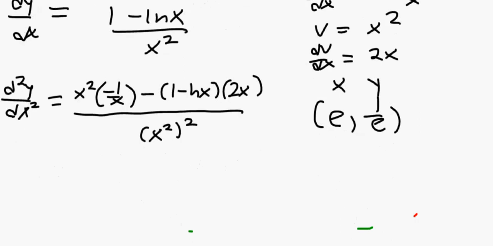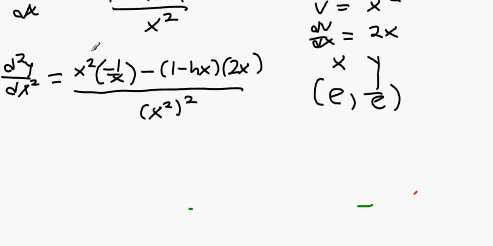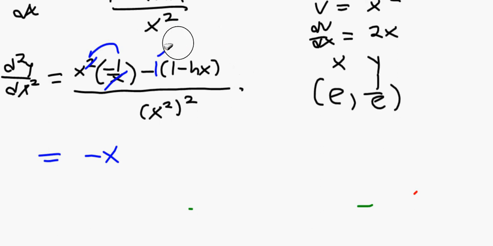Now, have a quick look at this here. Multiply x squared by minus 1 over x. The x cancels with one of the x's, so we're going to get minus x. Then we're going to see the 2x. I'm going to multiply minus 1 by 2x at the start, and what we get here is minus 2x.